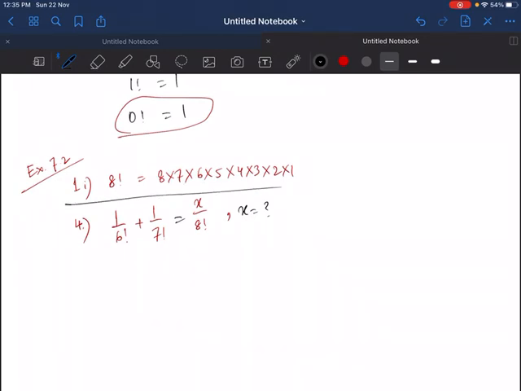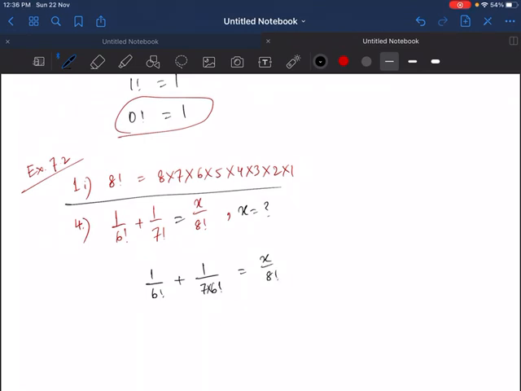So here what I will do is, I will try to write 6 factorial in terms of 7 factorial. I can write 7 factorial as 7 into 6 factorial, because 7 factorial is 7 into 6 factorial, and that is equal to x divided by 8 factorial.